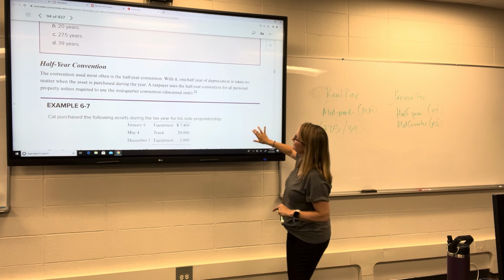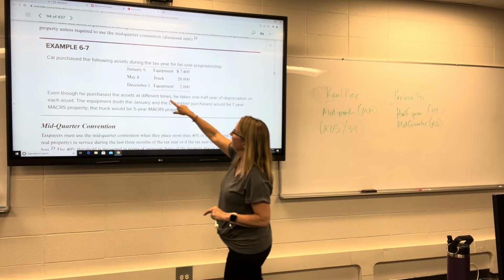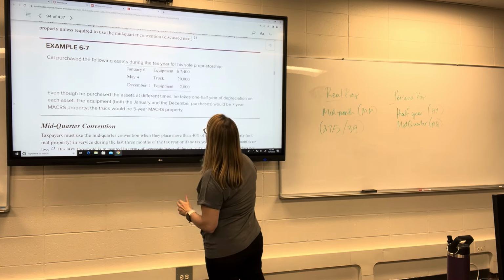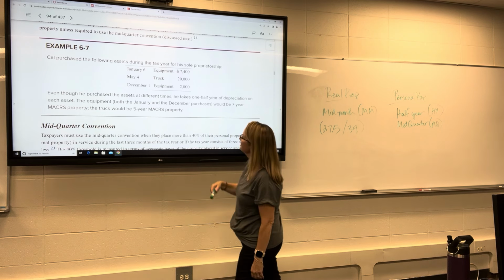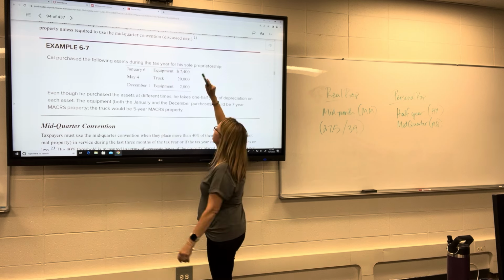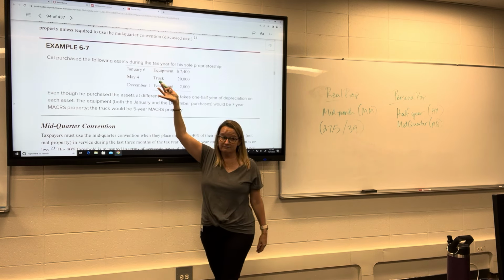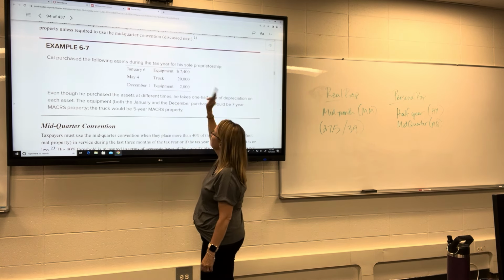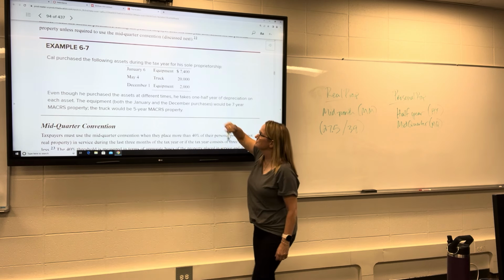So for example, what they've got here, Cal purchased the following assets during the tax year for his sole proprietorship: equipment, which is gonna have a 7-year depreciation life, a truck, which is gonna have a 5-year depreciation life, and then other equipment, which is also gonna have a 7-year life.